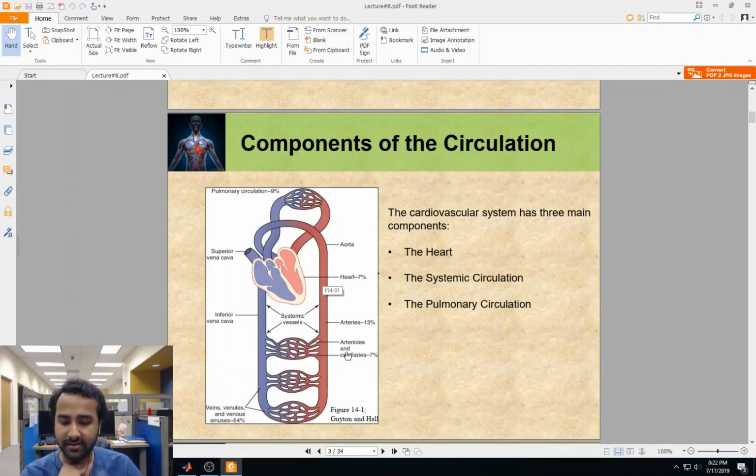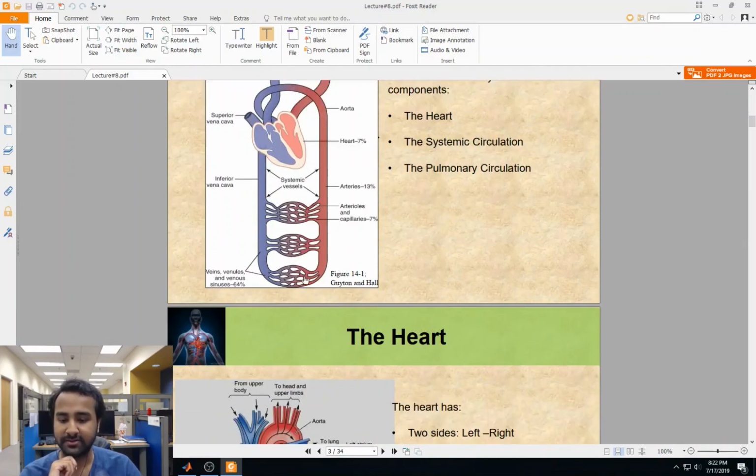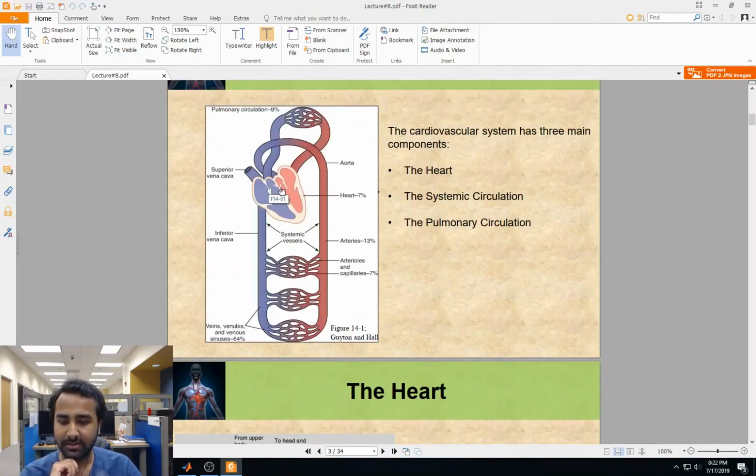Arteries 13%, arterioles and capillaries 7%, veins and venules 64%, heart 7%, pulmonary circulation 9%. Generally, most of the blood is in the systemic vessels. Some of it is in the pulmonary circulation, and some of it is in the heart, but most of it is in systemic vessels.